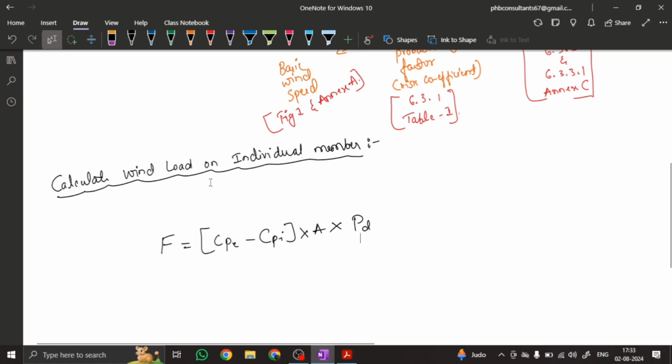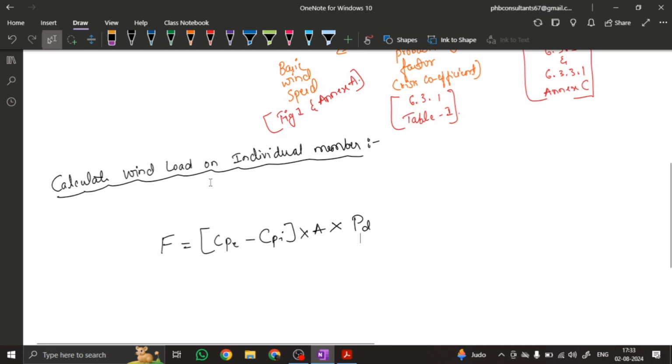Cpi means internal pressure coefficient.